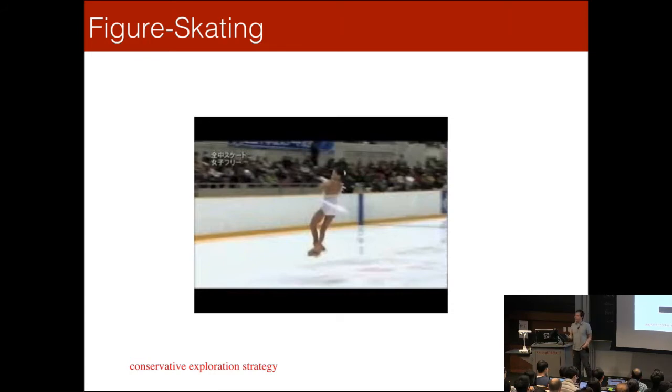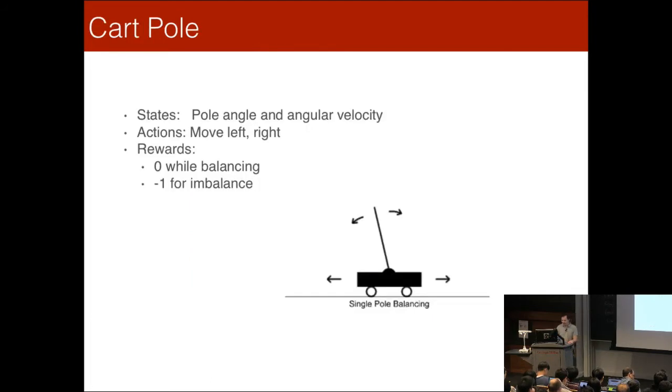It's a very difficult thing to do, right? And humans are very good at it because you can't afford to try this thing millions of times and 99% of the time actually fall, right? So sometimes it's called a conservative exploration strategy. You're very conservative with what you're exploring and how you're exploring, because if you do something wrong, you can hurt yourself, right?